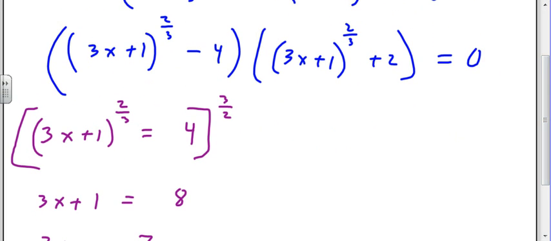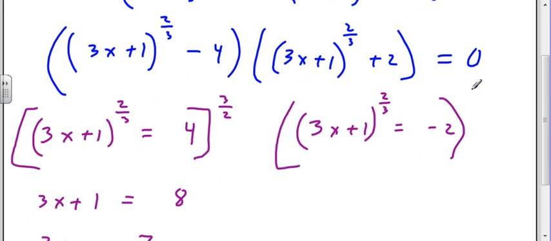Okay, so that's always good to know. All right, second answer. 3x plus 1 is equal to minus 2 to the 2/3. And we're going to raise this to the 3/2 power. I can't take the square root of a negative number, so I have no solution here.